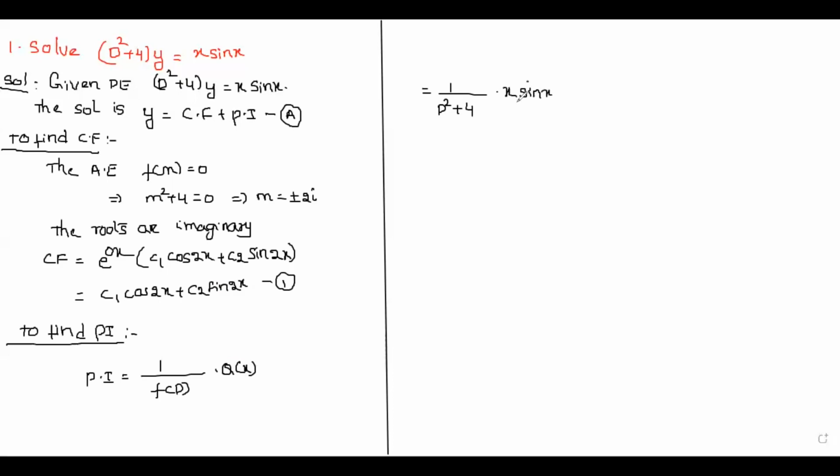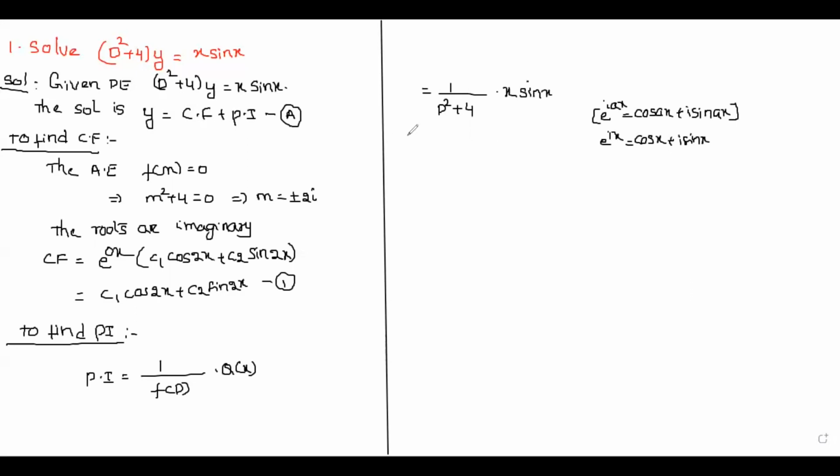So as we have discussed in the previous one, e power iax is equal to cos ax plus i sin ax. Then e power ix becomes cos x plus i sin x.